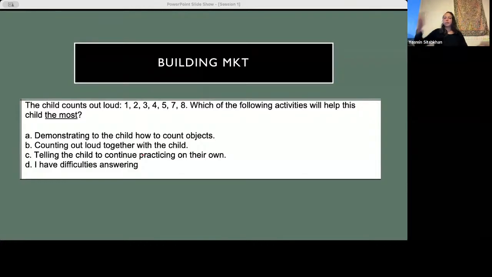If you go to the child as a teacher and say, okay, let me show you, here's how to count, 1, 2, the child might count like this: 1, 2, 3, 4, 5, 7, 8. There, I counted objects, right? The error that the child made is in the number sequence.